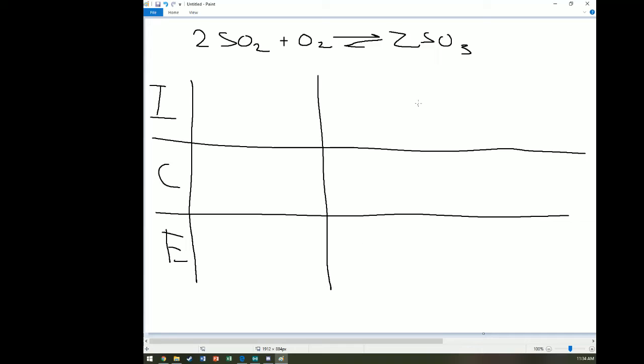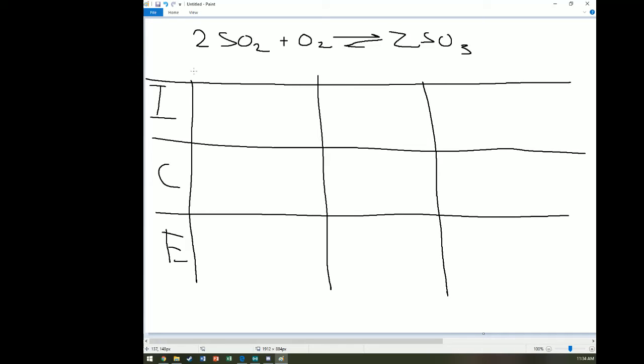And here, let's just separate this based on SO2, O2, SO3. We are given that the initial concentrations are 0.700 molar and 0.500 molar, and you can assume that the initial concentration of SO3 is 0, since that's what it is.